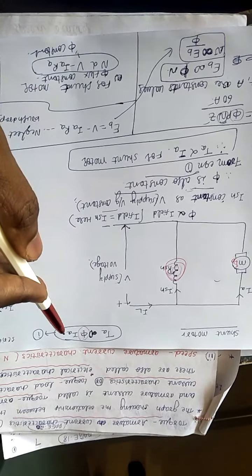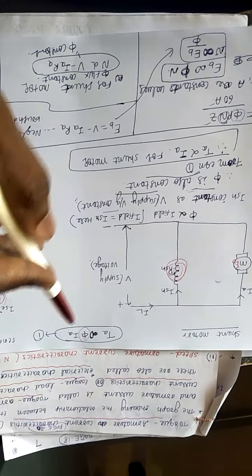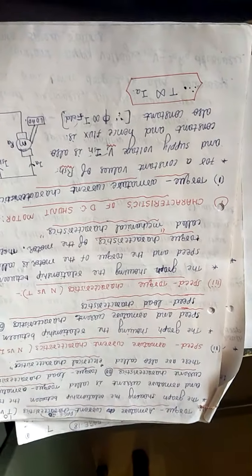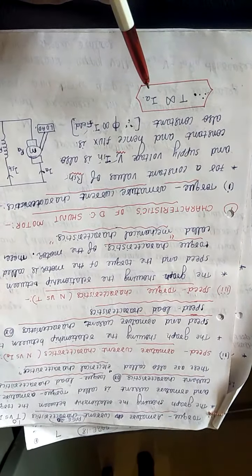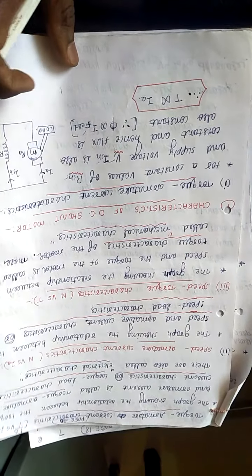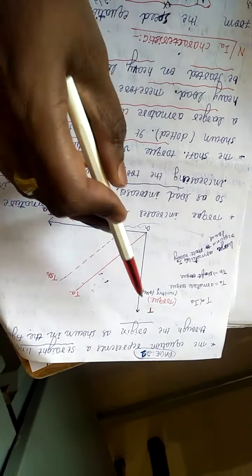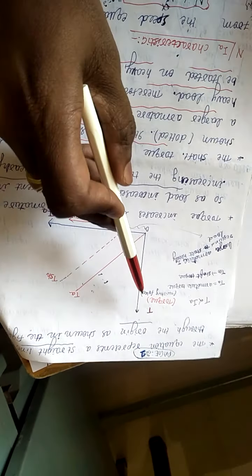From equation 1, I can write T is directly proportional to Ia. So this is T versus Ia, torque versus armature current.